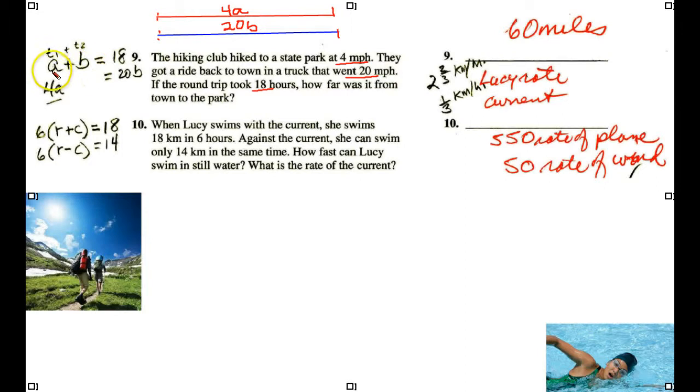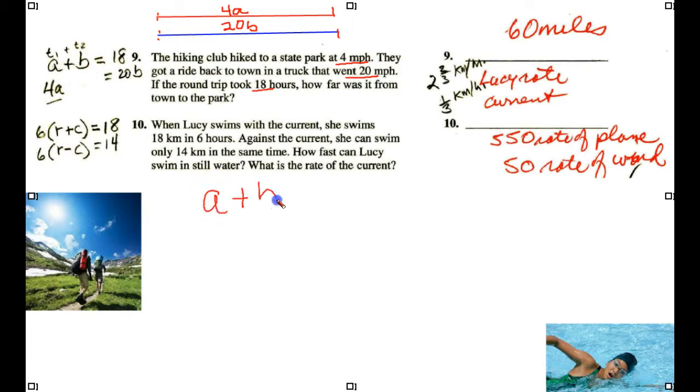Now, we know that the first amount of time, A, plus the second amount of time, B, was 18 hours. And we know that this distance, 4A, equals 20B. So there's basically our two equations.